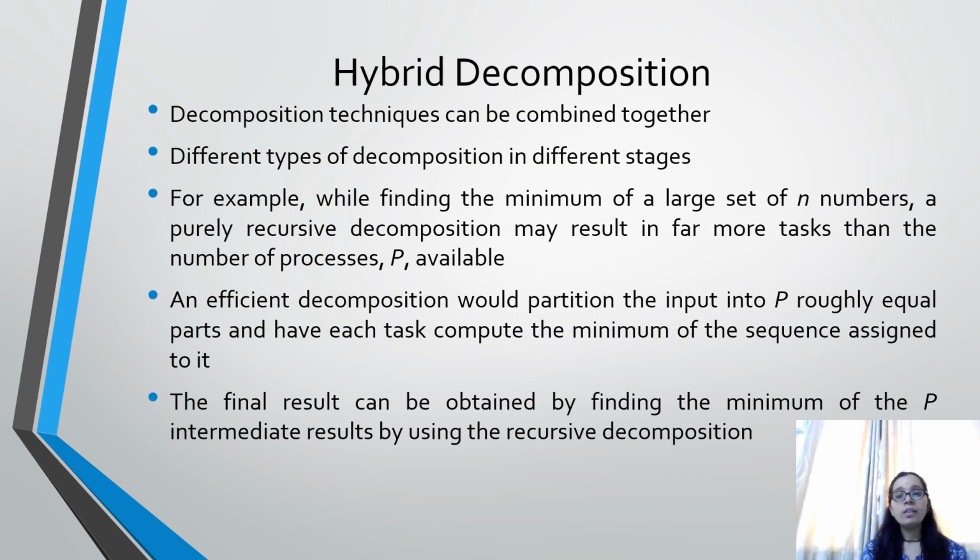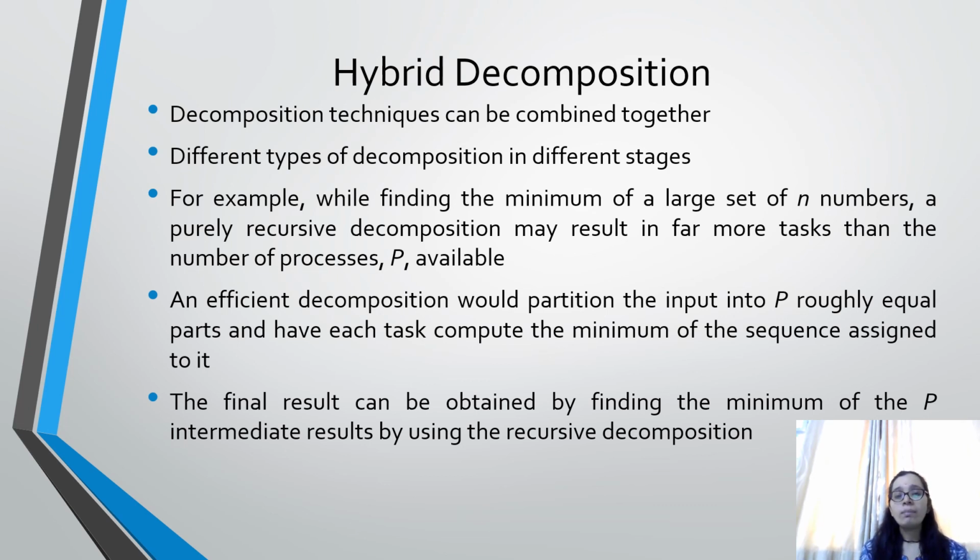Now, after studying these decomposition techniques, that is exploratory, recursive and speculative, the last technique is hybrid. As its name indicates, hybrid decomposition is the decomposition that combines the other techniques. That is, different types of decompositions can be applied in different stages of parallel computation.